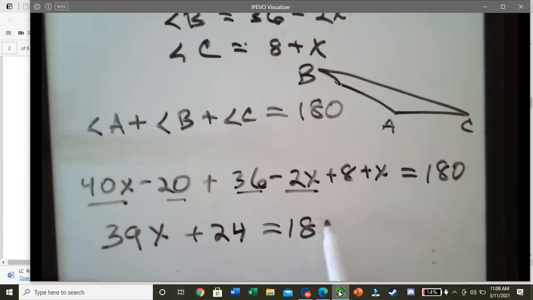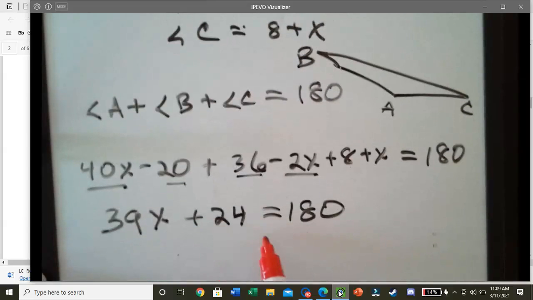Equals 180. All right. Now what? Yeah, we solve for x, right? So what do we do with this 24? Yeah, minus 24, minus 24.